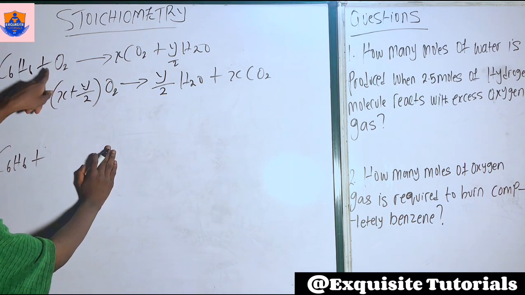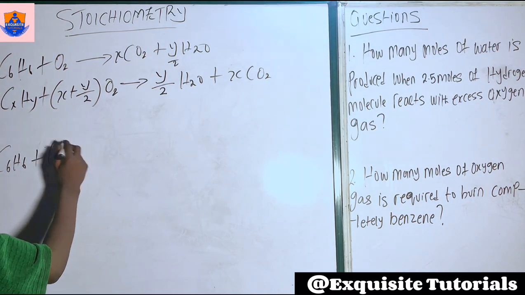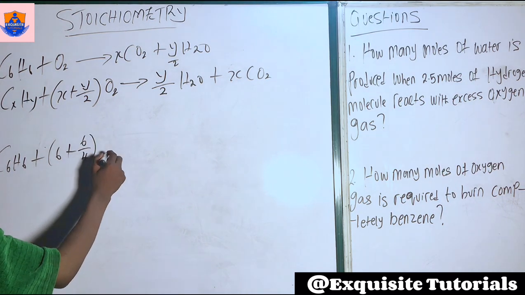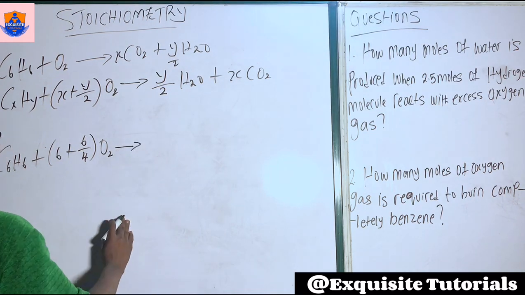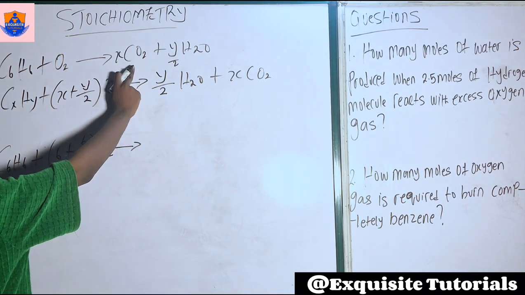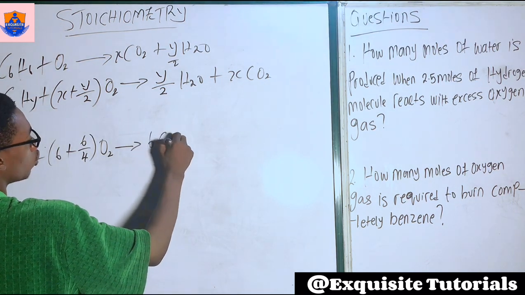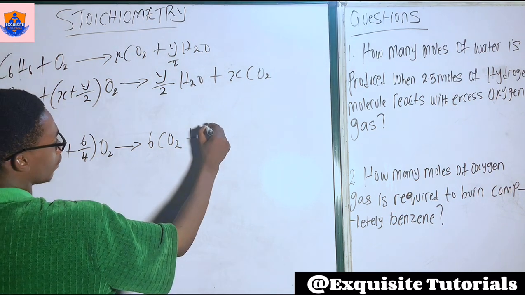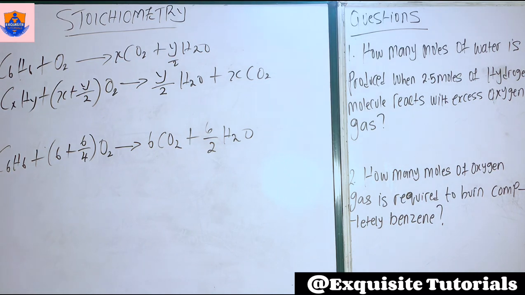So now let's take the x from here. x is the carbon, so we have 6 plus, then for this one we have 6 over 4, then O2. So for CO2 we have x, which is 6 CO2, plus, for the y we have 6 as well, so we have 6 over 2 H2O.